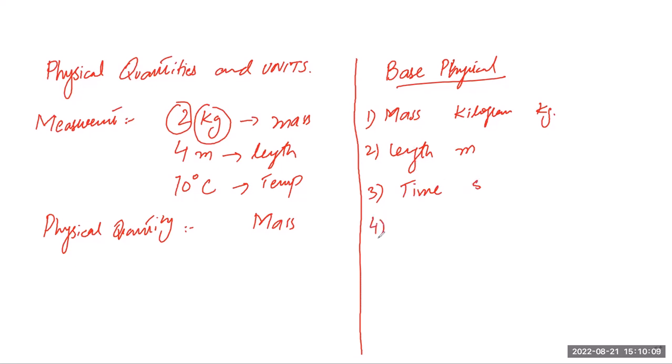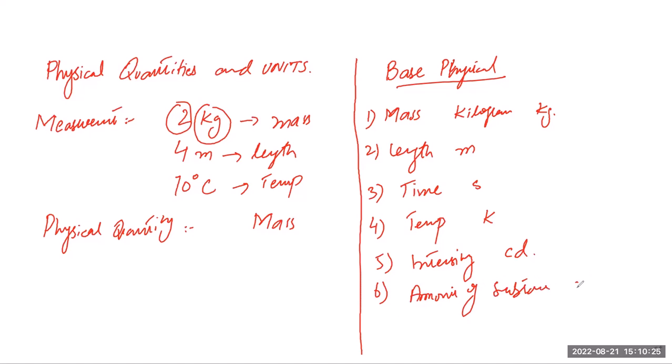Number 4, temperature, which is measured in kelvins. Intensity of light, which is measured in candela. Amount of substance, which is measured in moles. And the last one, electric current, which is measured in amperes.